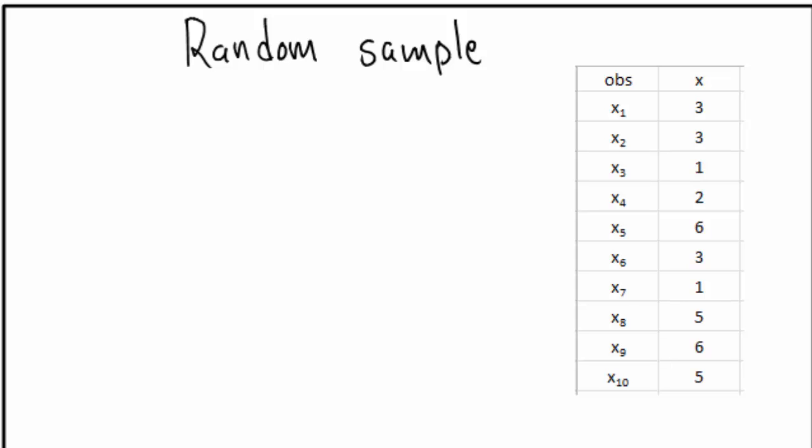Let's say that this data comes from me tossing a dice 10 times and recording the result. So in the first observation, I tossed the dice and I got a 3.